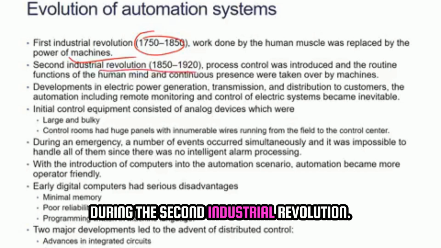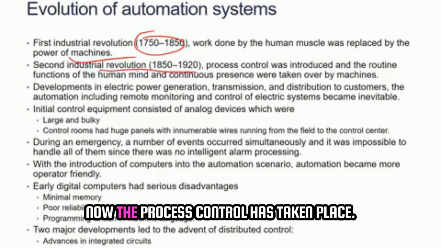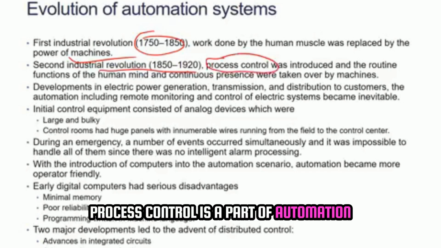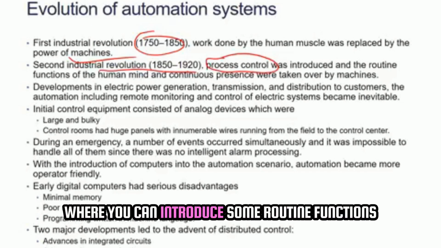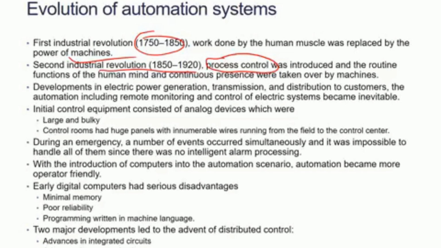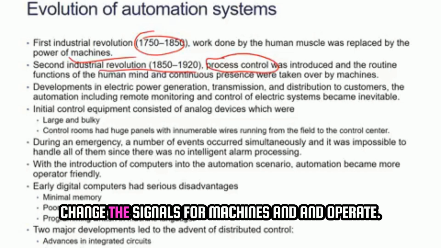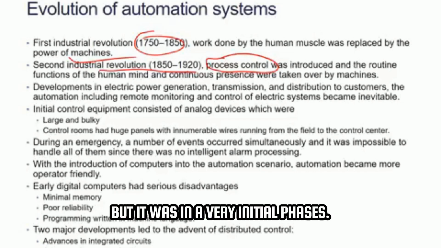During the second industrial revolution, process control took place. Process control is a part of automation where you can introduce routine functions which will automatically change the signals for machines and operate. But it was in a very initial phase.